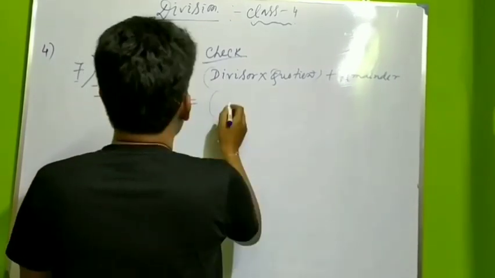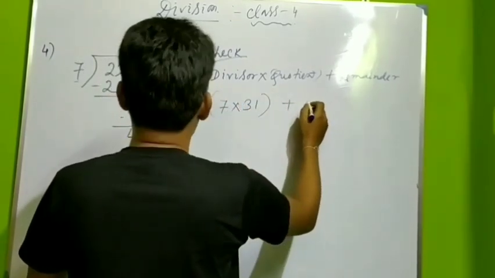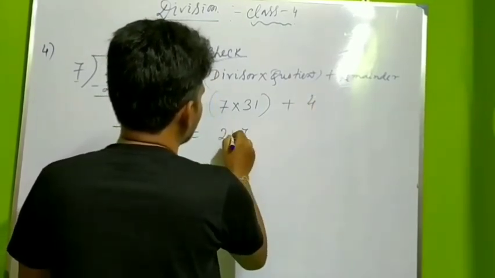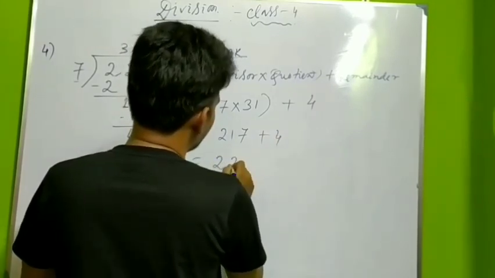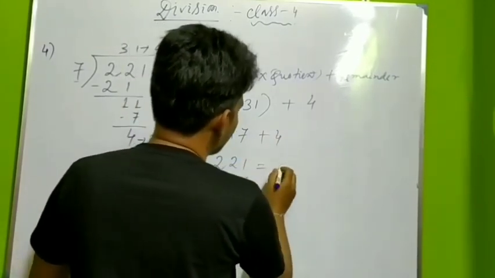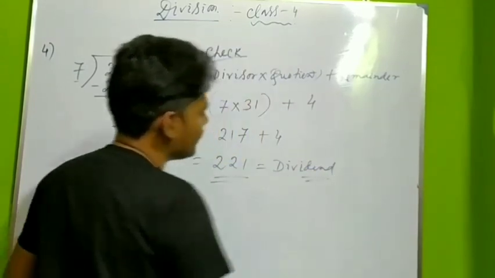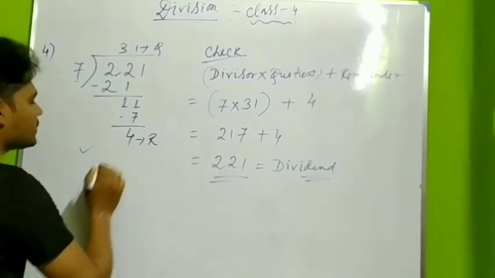So 7 multiplied by 31 plus 4 equals 221. That is equal to the dividend. So we get the same result, 221. That means our division is correct.